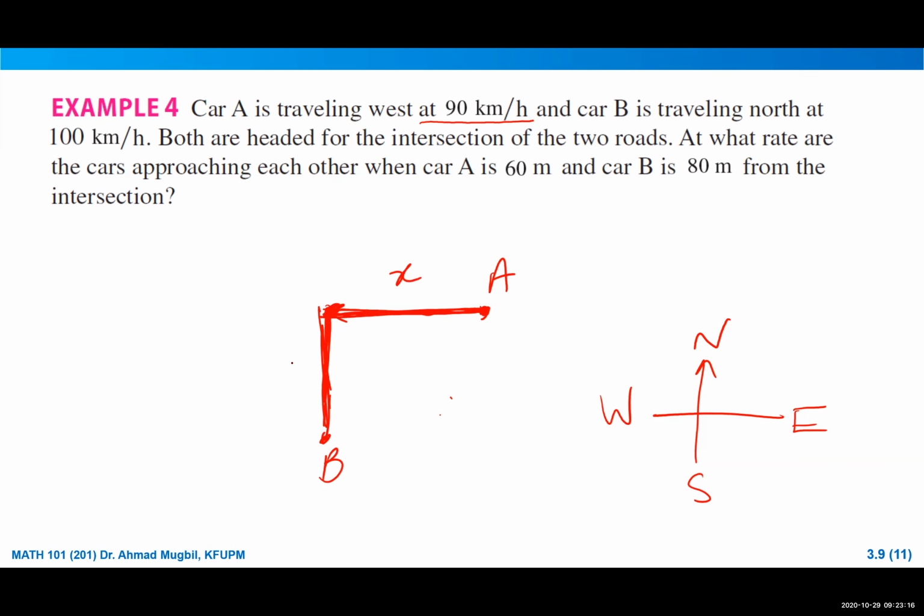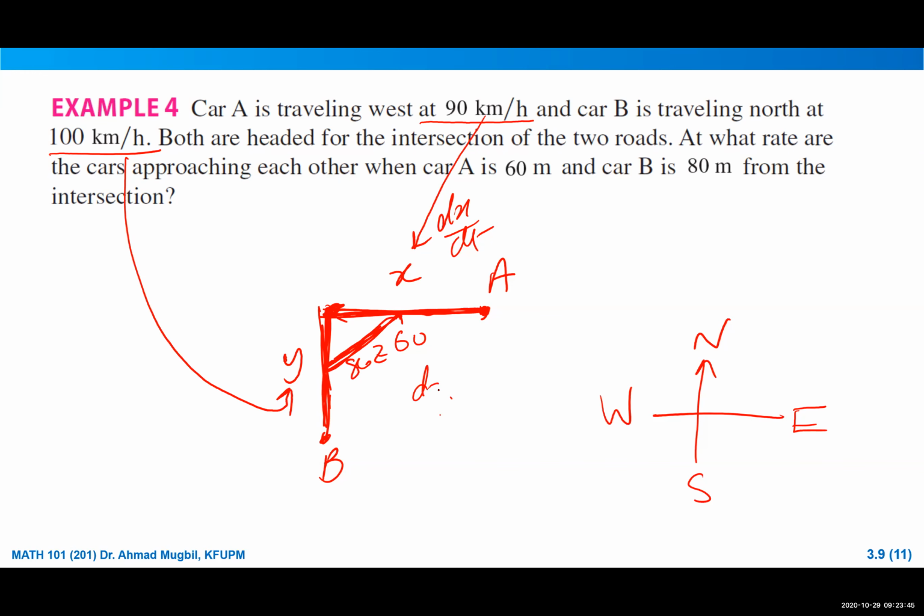Let's say this is X, this is Y. Now, this will be dx/dt and this will be dy/dt. At a certain distance, when this is 60 and this is 80, what will be the distance between them? He asks at what rate the cars are approaching each other, so this distance, let's call it Z. He is asking about dz/dt.